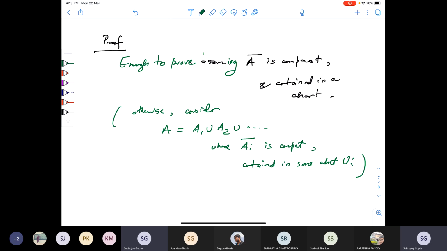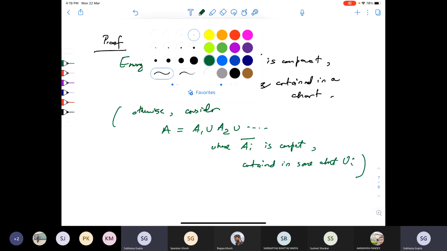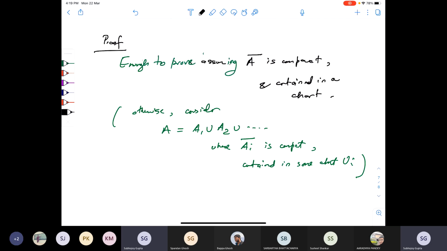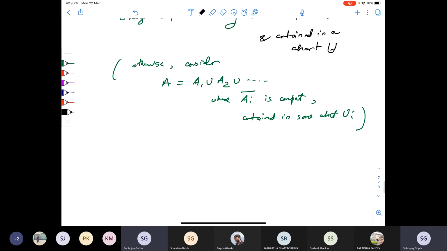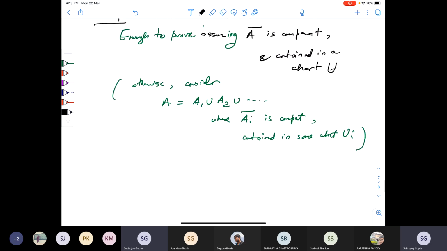So let's call this chart U. This assumption makes sure that you can work in Euclidean space. You can think of everything happening in Euclidean space because you are in a chart. And so you can use another property of Euclidean spaces. Let me write that out.